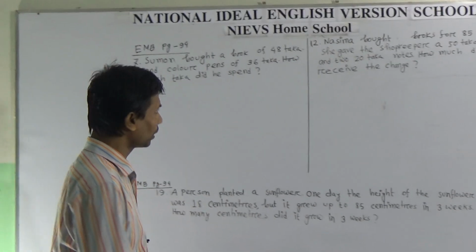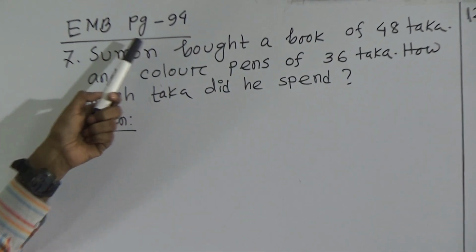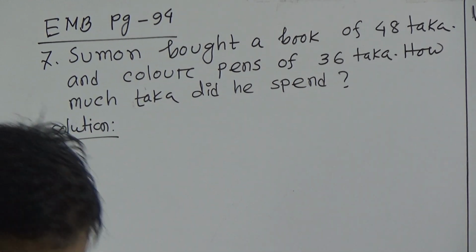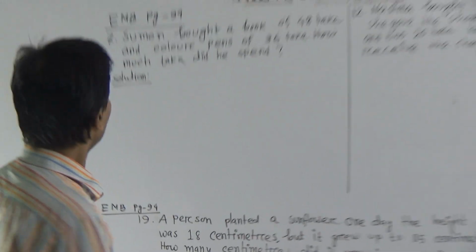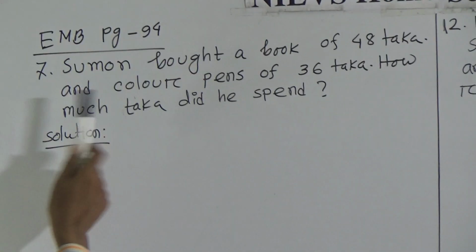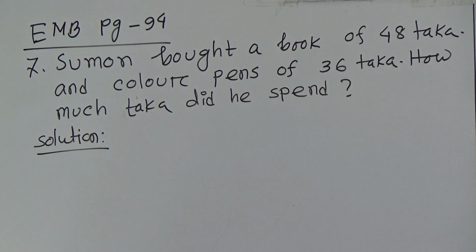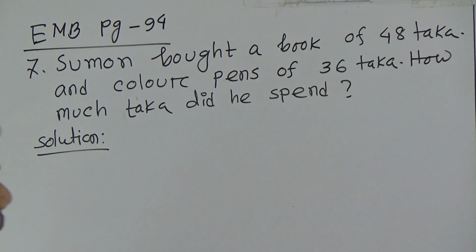Question number 7, EMB page 94. That means the EMB book, this book. Shumon bought a book for 48 taka and color pens for 36 taka.